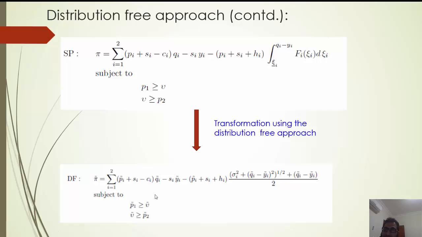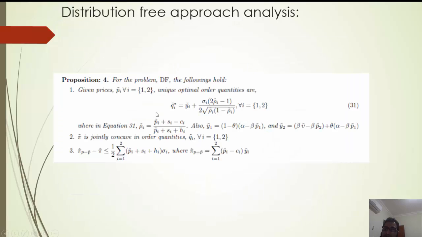Now if we study the problem, we can find that using the first order optimality condition for a given price, the optimal order quantities are these, and this is the critical fractile, which is commonly used in the literature for the newsvendor problems and the problems in supply chain management and inventory decisions.